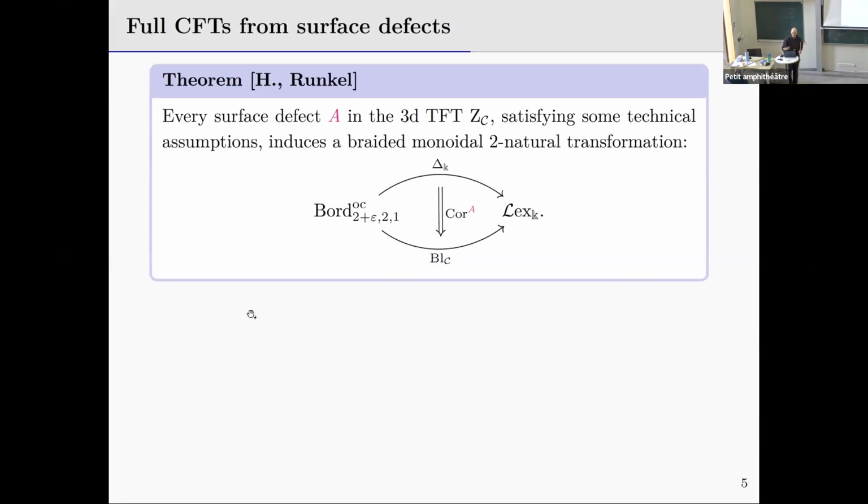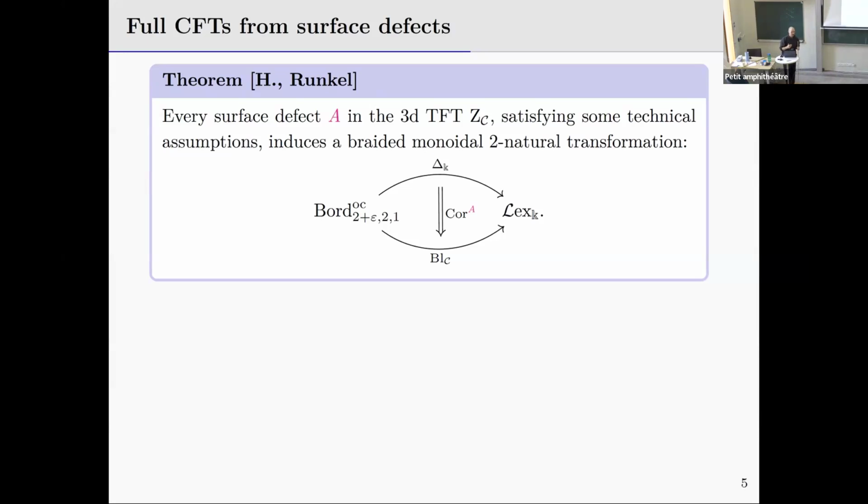The statement of the main theorem is that for every surface defect satisfying some technical conditions, you get a braided monoidal 2-natural transformation. What a 2-natural transformation does is that it now sends objects to 1-morphisms and 1-morphisms to 2-morphisms.